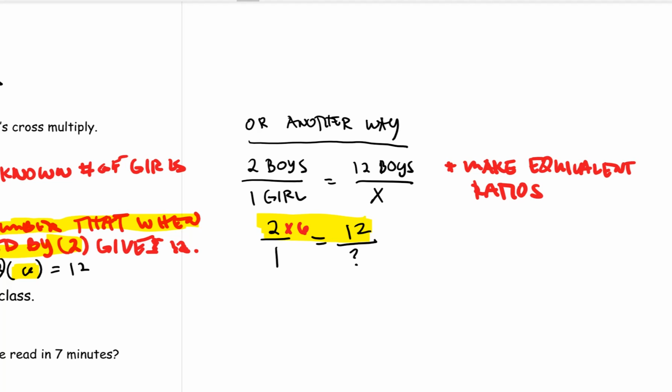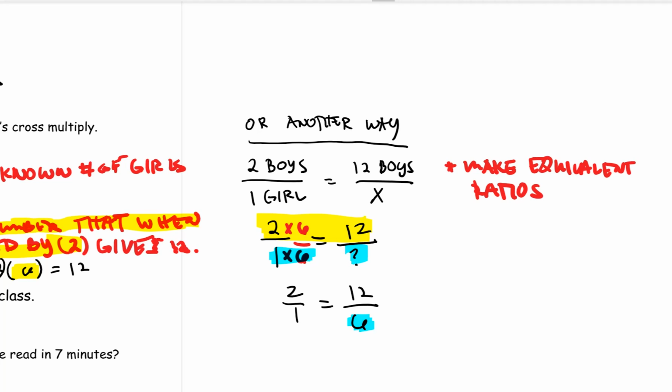So is it not that I multiply the numerator by 6? Because 2 times 6 is 12. So therefore, I also multiply the denominator by 6. So if I do that, the equivalent ratio of 2 over 1 is just 12 over 6. Again, how did you get 6? That is coming from the product of 1 times 6.